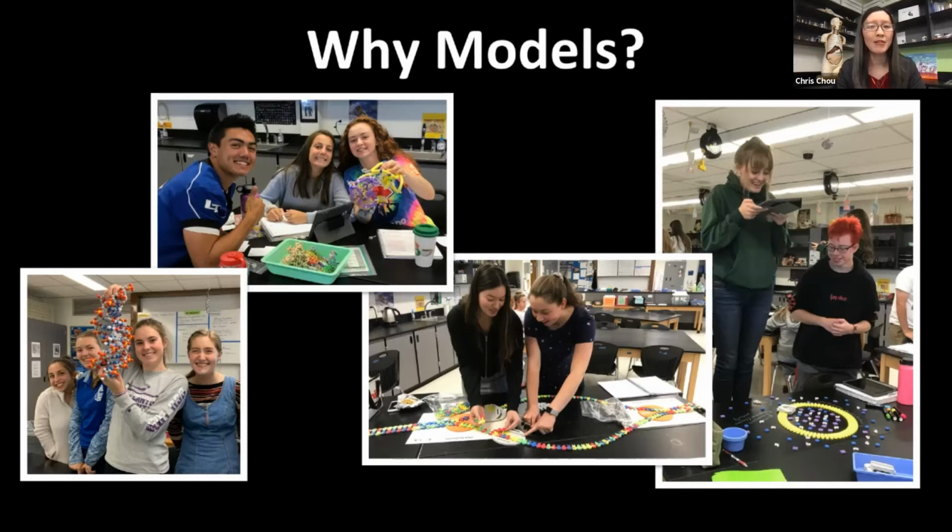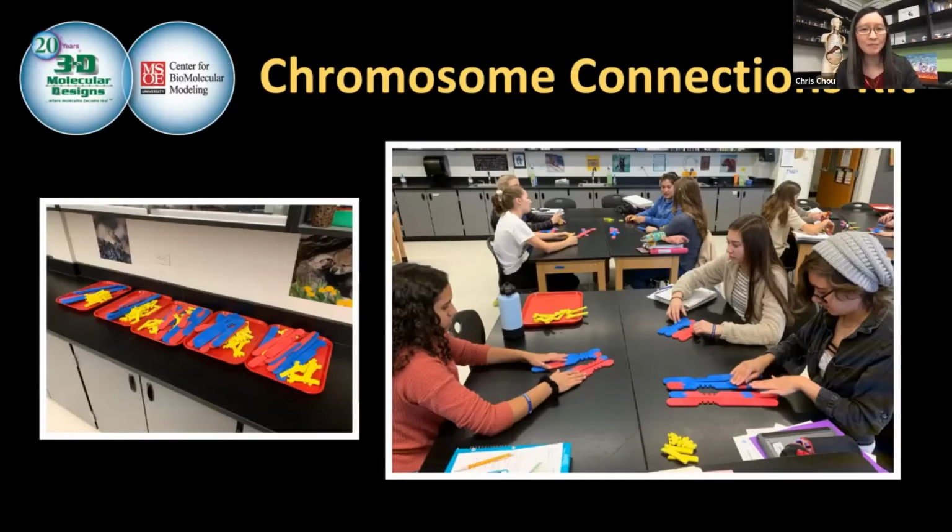And I especially love being able to elicit student understandings and some misconceptions. They enjoy chatting with each other in normal times and having those conversations. And I love circulating around the room, seeing them actually move physical pieces and have discussions. So this kit is one of my favorites.